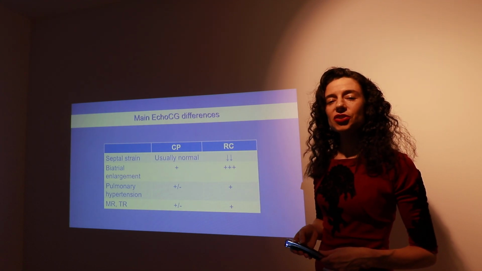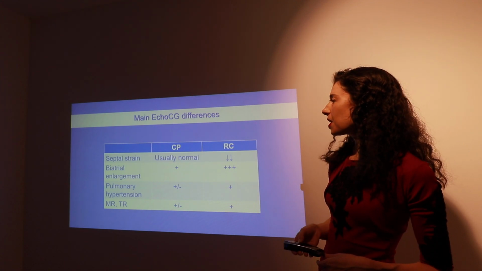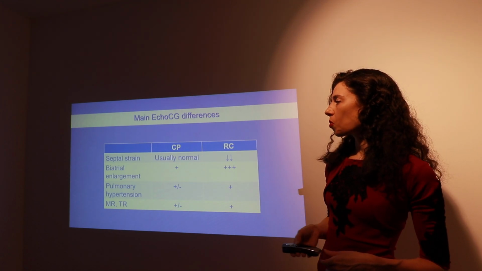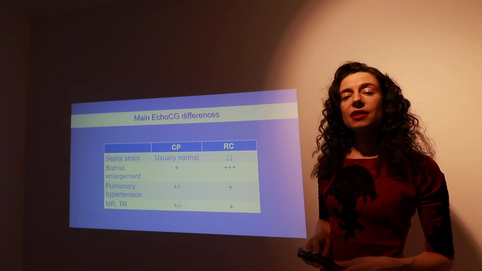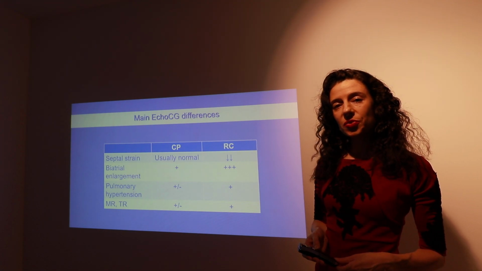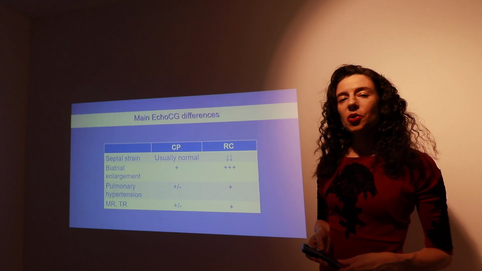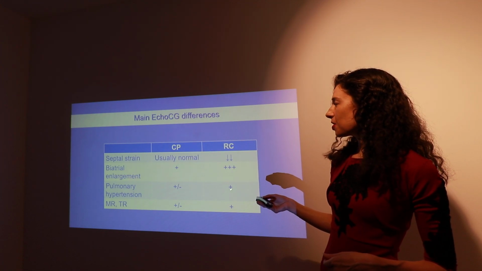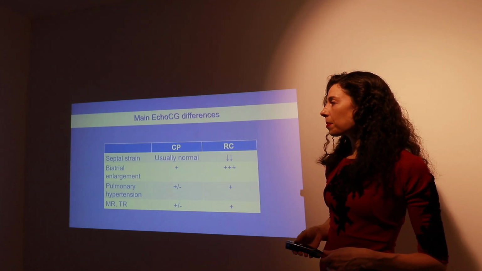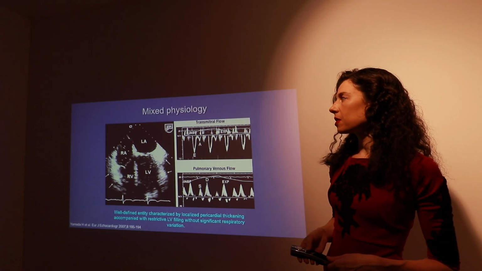Pulmonary hypertension is also more pronounced in restriction and not so much in constriction, and more often we have mitral and tricuspid regurgitation in restrictive cardiomyopathy compared to constrictive pericarditis.